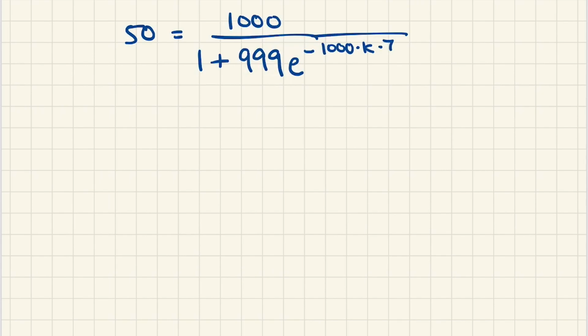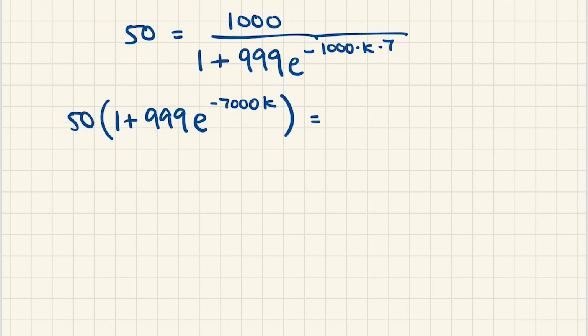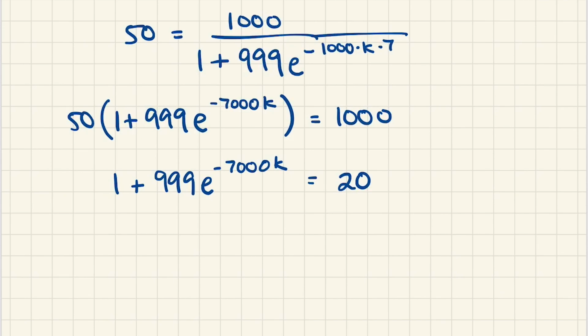We'll bring the denominator all the way over, so we have 50 times 1 plus 999 e to the negative 7,000 k, that's equal to 1,000. All right, we can certainly divide everything by 50 and get 20 on the right-hand side. Okay, and try to keep up with this next step here.